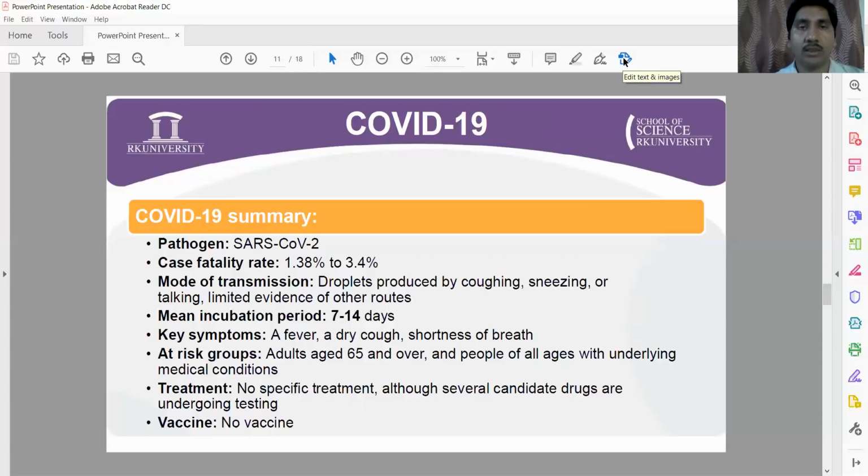The key symptoms are again dry cough, continuous fever for 3 to 4 days, shortness of breath, and the risk group, it is said, are children below the age of 16 and people above the age of 65.